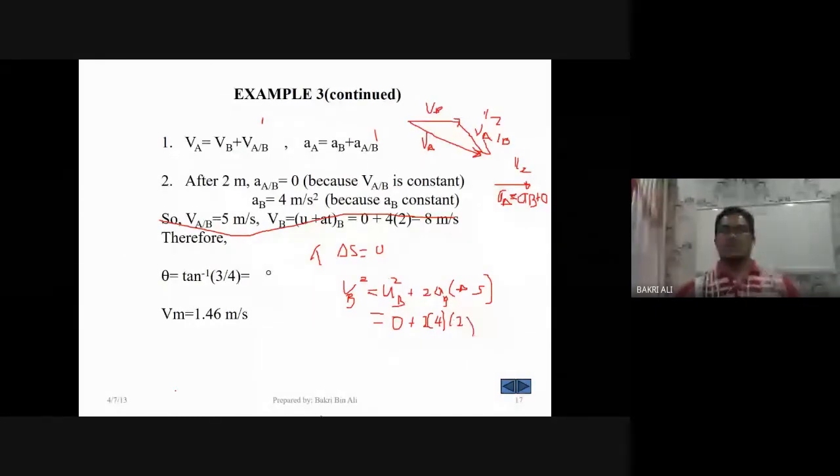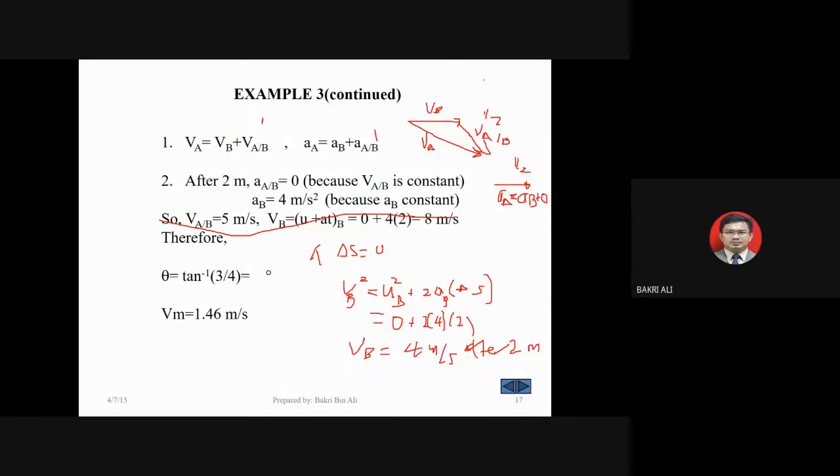So VB squared is 16, square root of 16, so VB equal to 4 after 2 meters. Of course, VA/B is still 5 meters per second because it is constant.